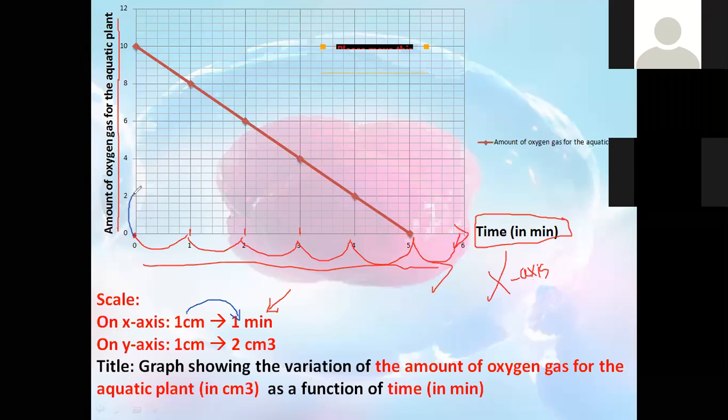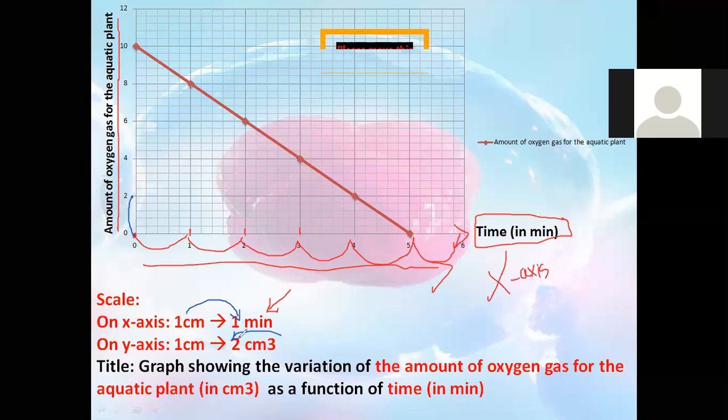So every 1 centimeter represents 2 centimeter cube. This is on the y-axis. So I move 2, 4, 6, 8, and then 10. This is the scale. We mentioned the scale. On the x-axis, every 1 centimeter gives 1 minute, while on the y-axis, every 1 centimeter gives 2 centimeter cube.